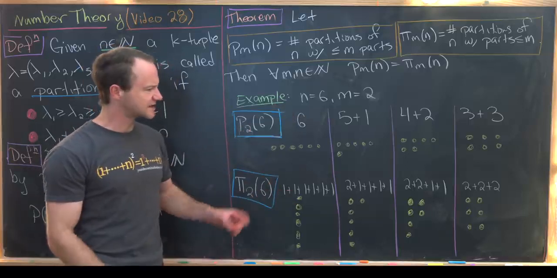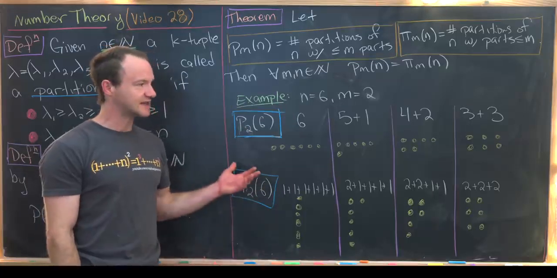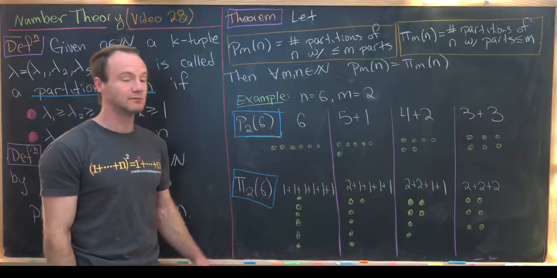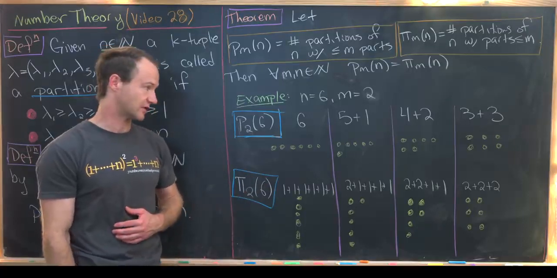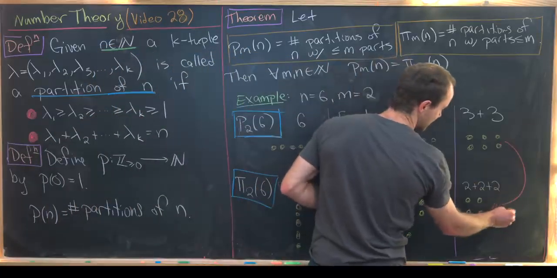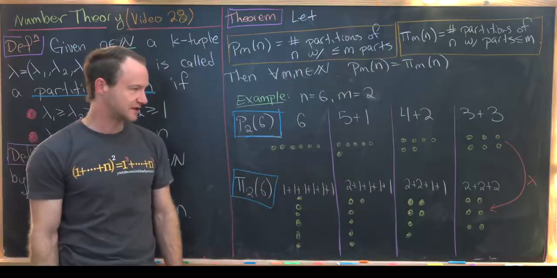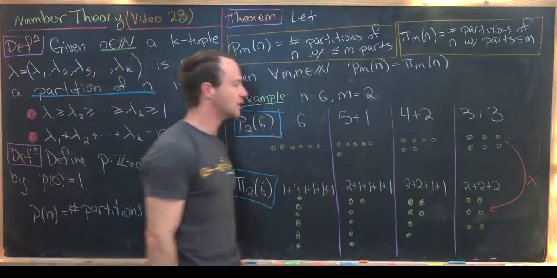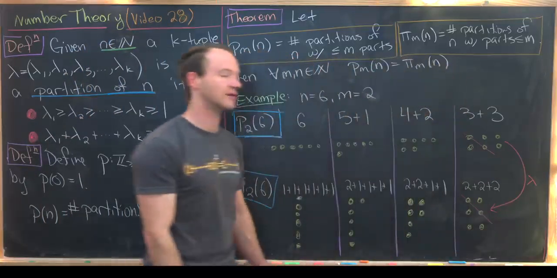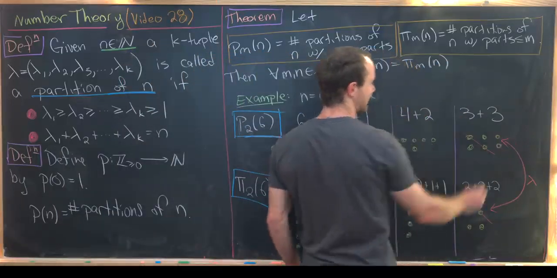But we might look at this and see, well, what is the relation between these partitions? And it's not too hard to see that the relation between these partitions is most obvious looking at the Ferrers diagrams. So if we take the conjugate of this partition, 3 plus 3, we end up with this partition, 2 plus 2 plus 2, which, like I said, is easy to see via the Ferrers diagram. Furthermore, if we take the conjugate from here, we get back up to here.